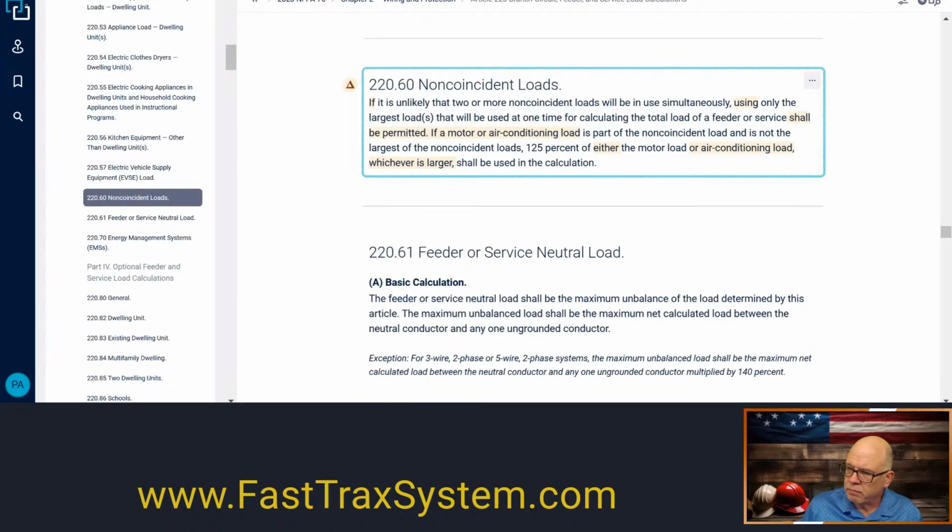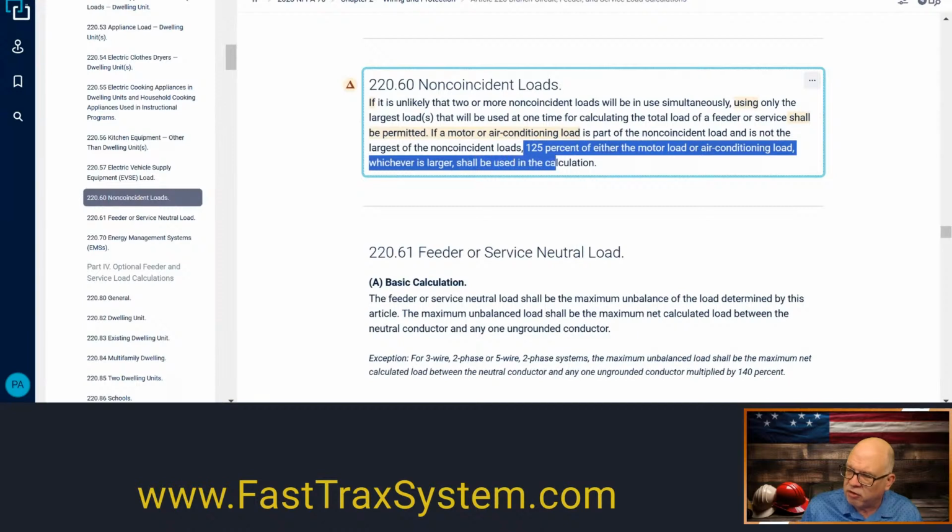Now, it goes on to say, if a motor or air conditioning load is part of a non-coincident load, and in our case, we are AC versus heat, okay? It says, and is not the largest of the non-coincident loads, then 125% of either the motor load or the air conditioning load, whichever is larger, shall be used in the calculation.